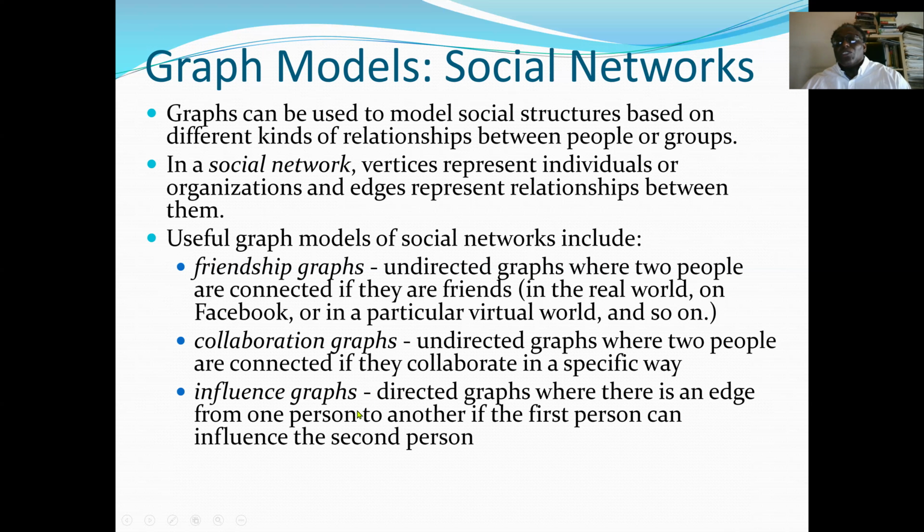So graphs are used a lot in social networks. In influence graphs, normally one person follows another person. Then a collaboration graph is an undirected graph where two people are connected if they collaborate in a specific way.